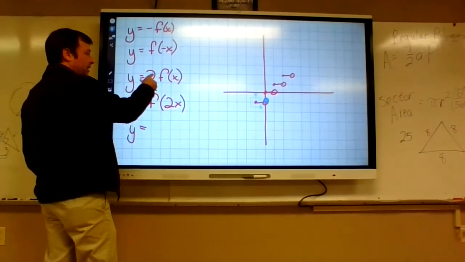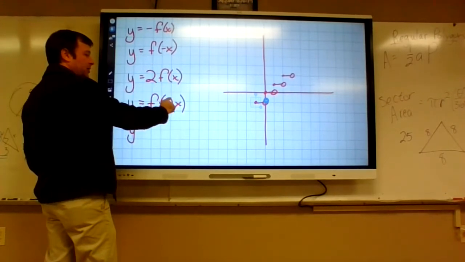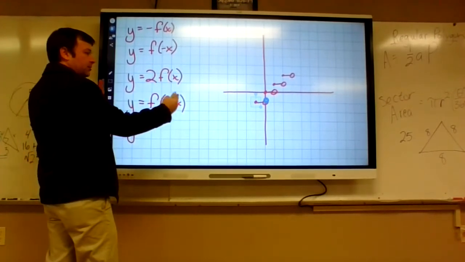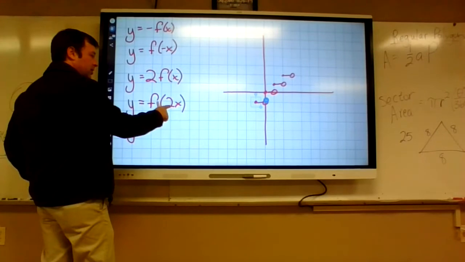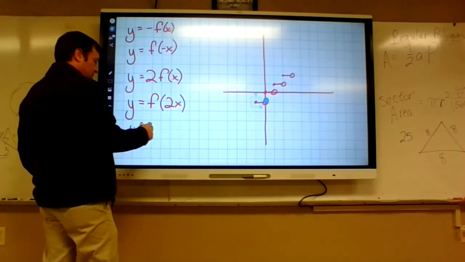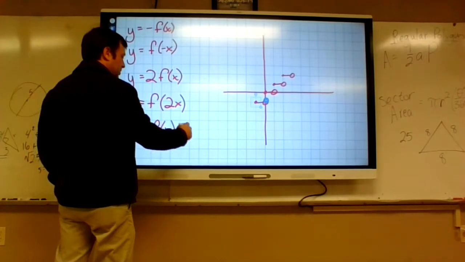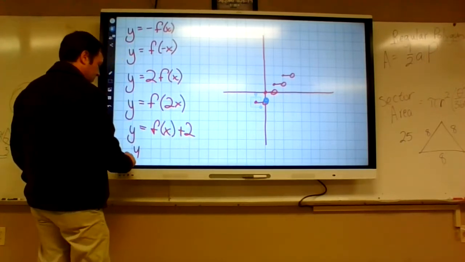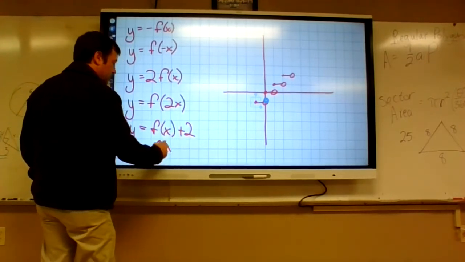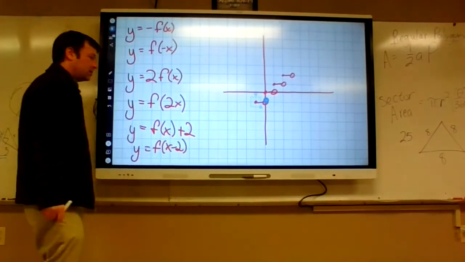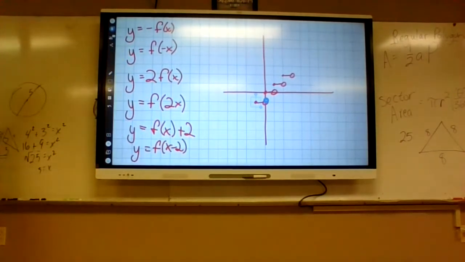If you multiply by half, of course, it would be half as tall. If you put a half directly on the x, it would be half as fast, so it's a horizontal stretch. This would be up 2, and this would be right 2. So that's kind of all of them.